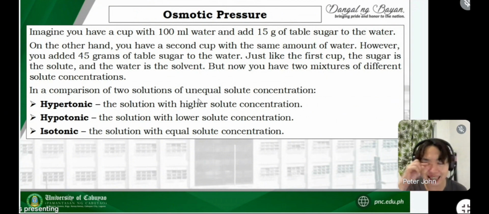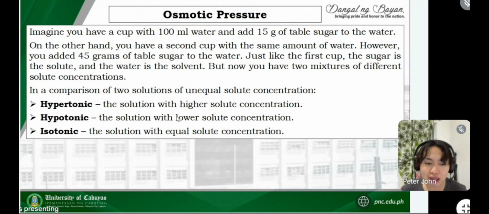General na yan. The movement is from less concentrated into more concentrated solution. So, general na siya. So, for hypertonic, baliktad siya. The solution will have a lower solute concentration.